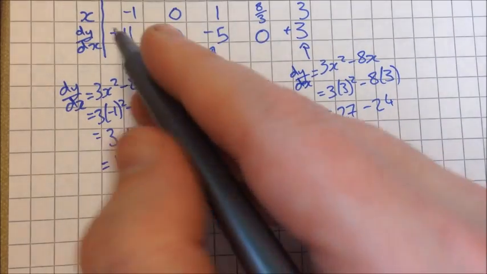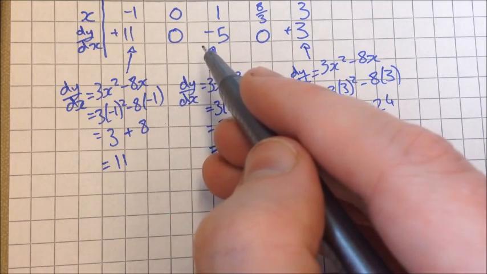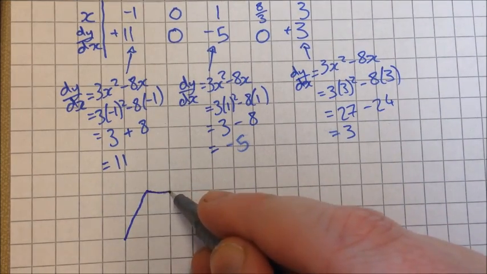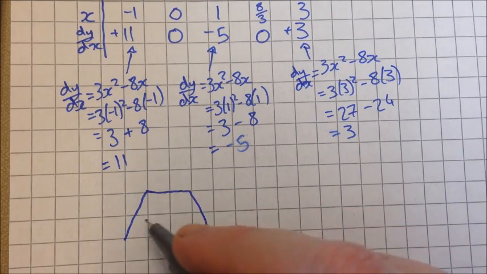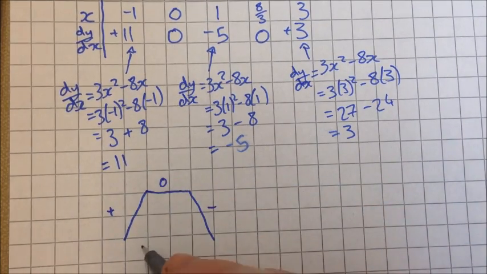So if we were to draw this, the first three values, we've got a positive, a 0, and then a negative. So positive, 0, negative. So that is a maximum.